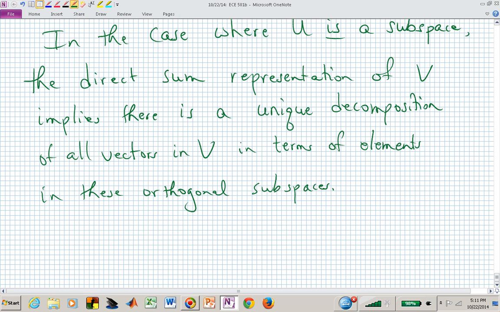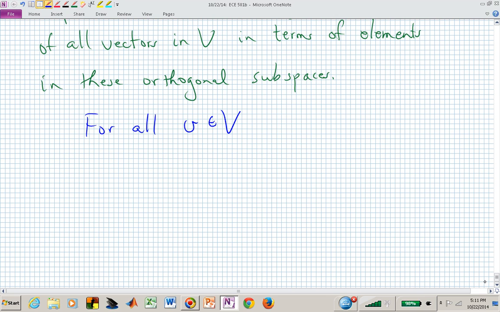Meaning, for all V in our vector space V, we can rewrite or decompose V into two pieces, U plus W, where U is in U and W is in its perp.